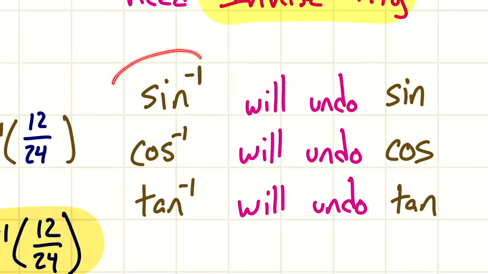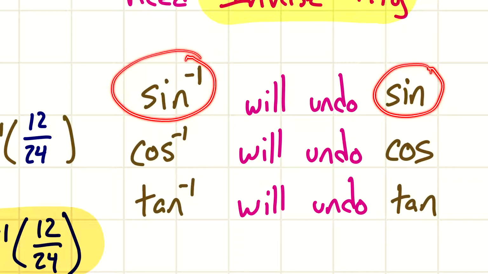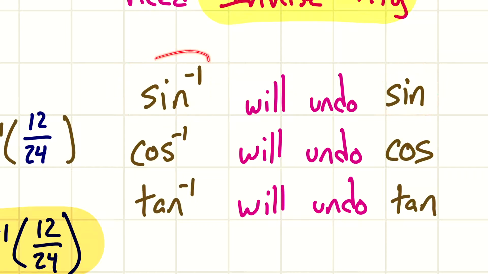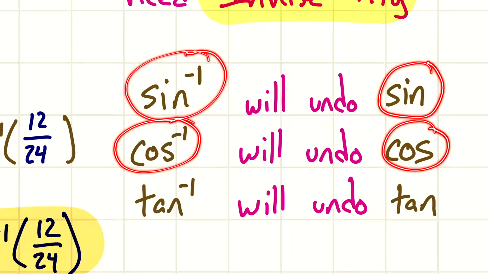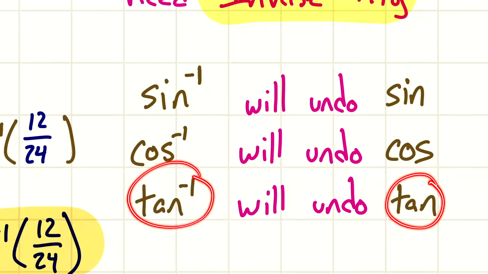So this is our inverse trig. Our trig ratio is sine, and the inverse is sine with this -1 on it. So this would be inverse sine, and this would be our regular sine. So cosine, inverse cosine, tangent, inverse tangent.